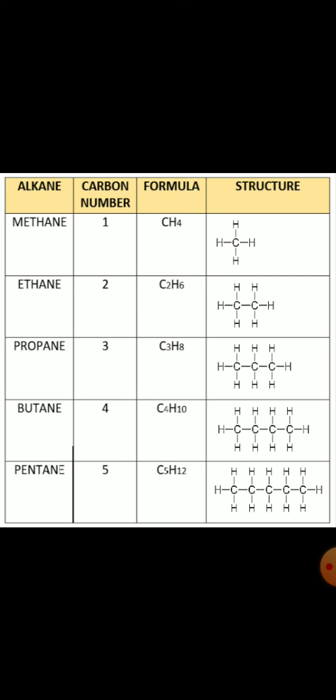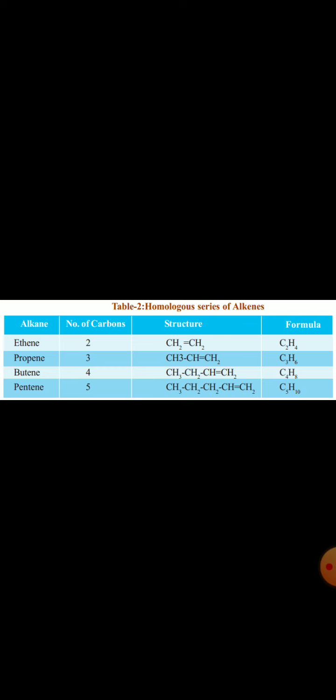What is the general formula for alkane? You can note this down. The general formula for alkane is CnH2n+2. For alkene, the general formula is CnH2n. For alkyne, the general formula is CnH2n-2. By remembering these general formulas, you will be able to write the names and molecular formulas of the compounds.